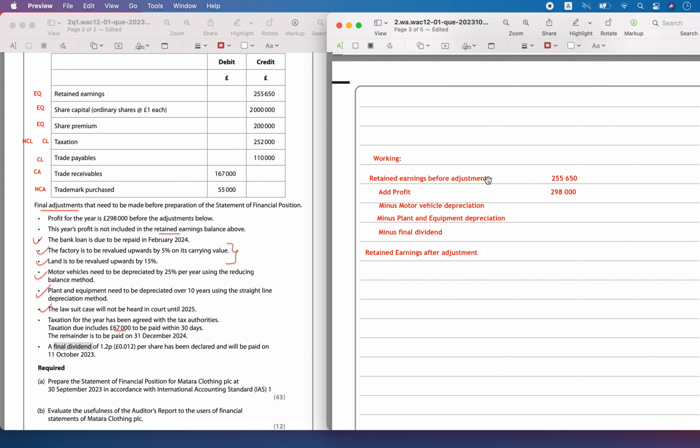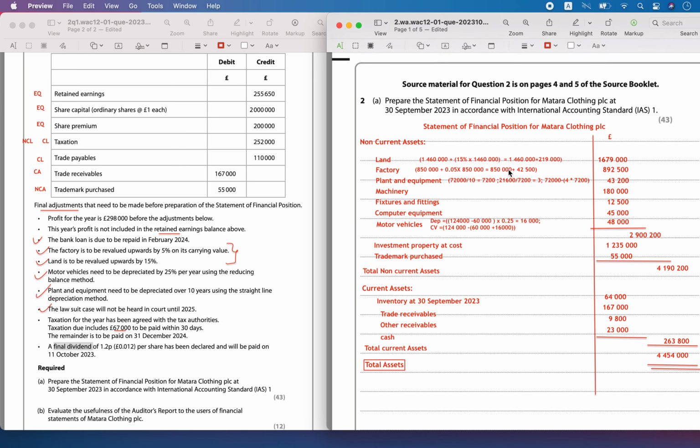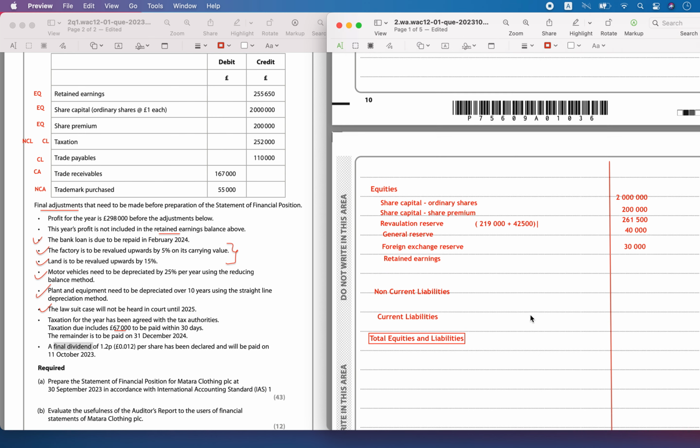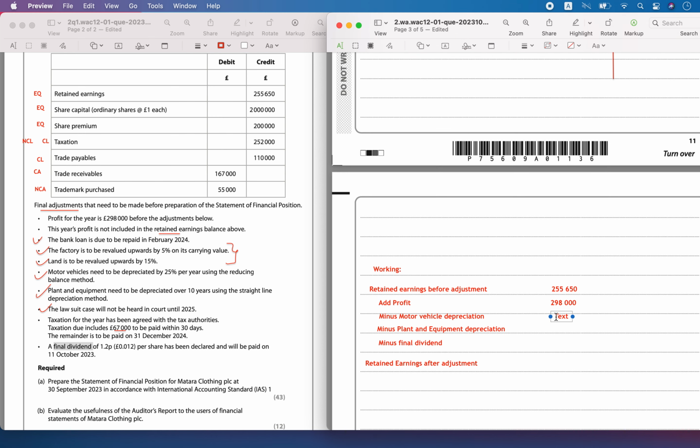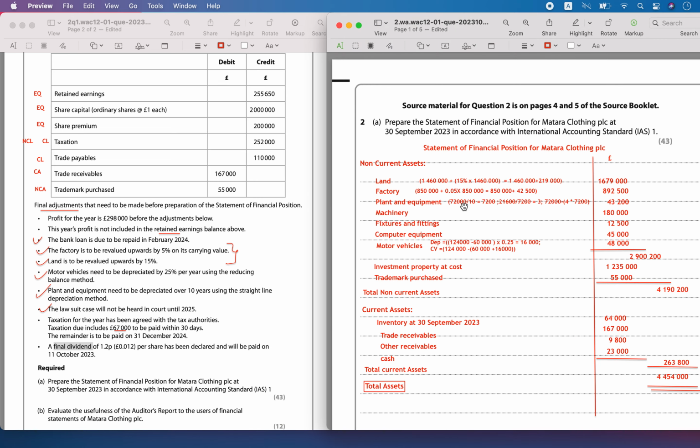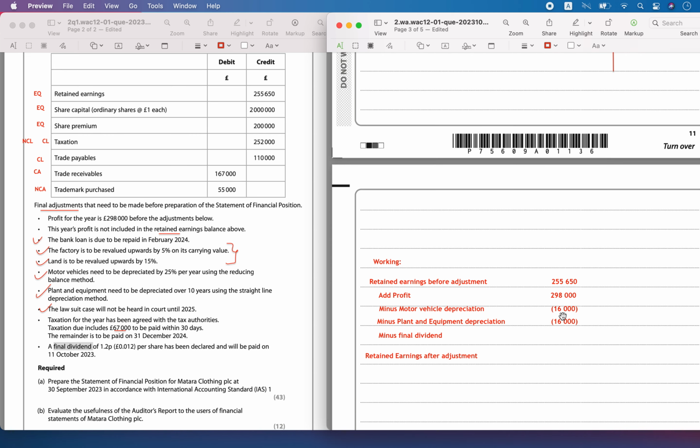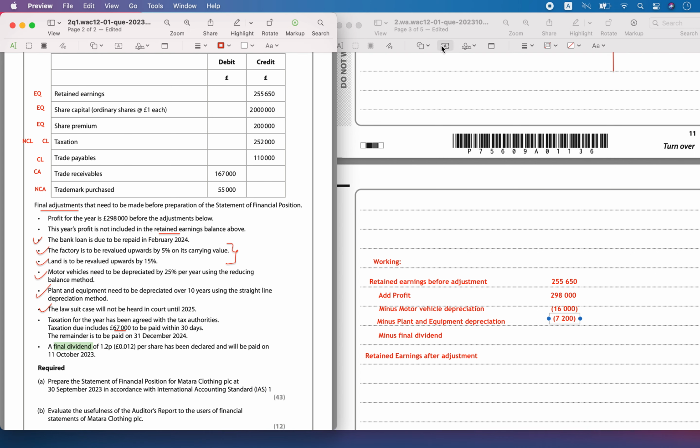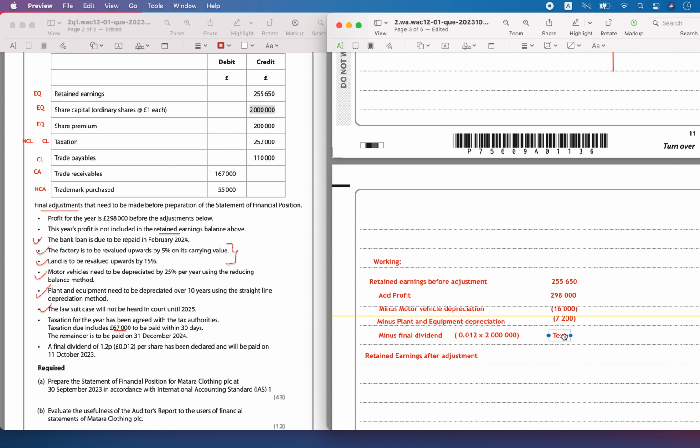Now let's write the values. Add the profit, minus motor vehicle depreciation, which was around 16,000, and then 7,200 was the plant and equipment depreciation, because it had to be depreciated every year, minus the final dividend of 1,000.